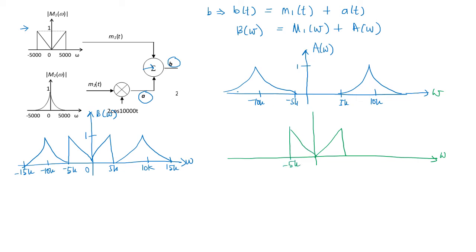This is 1 as well. So this is your M1(omega). So your B(omega) equals A plus M1.